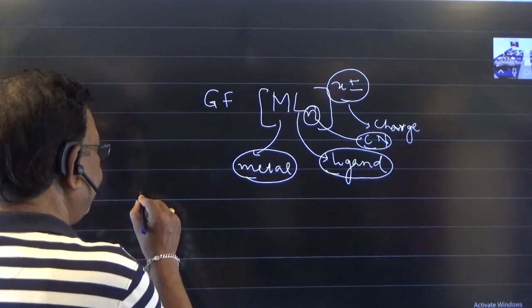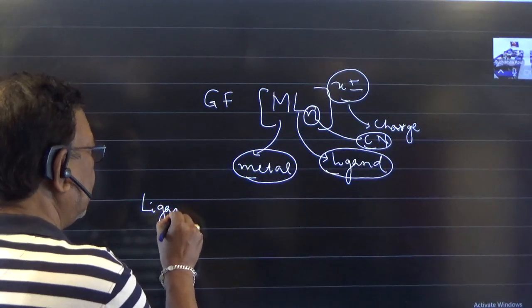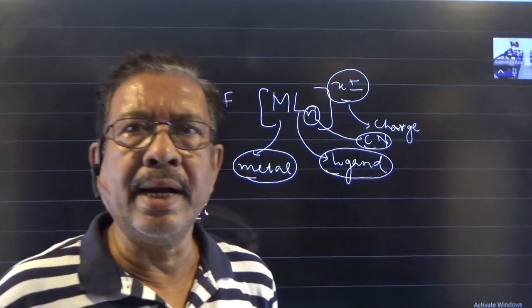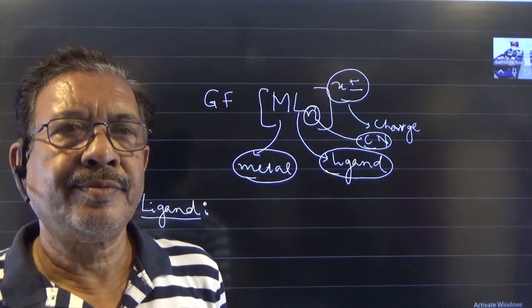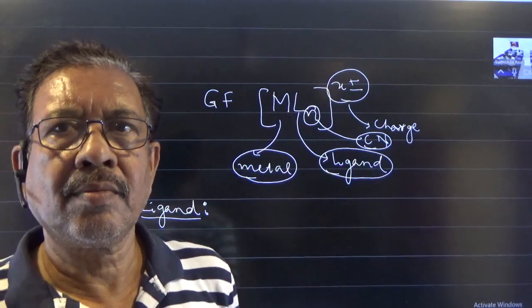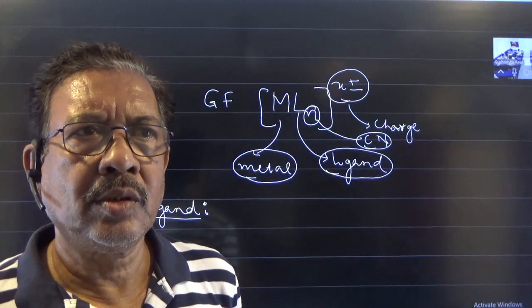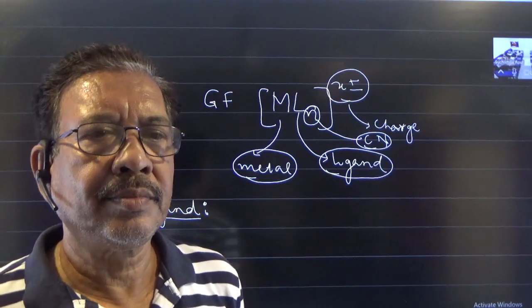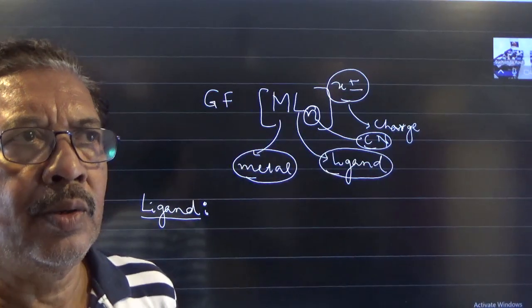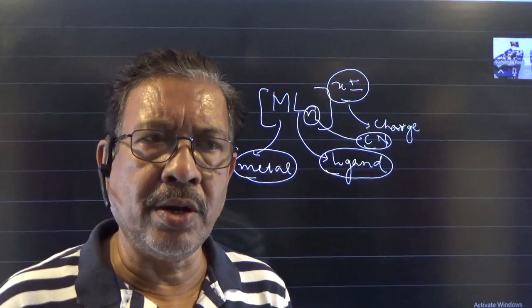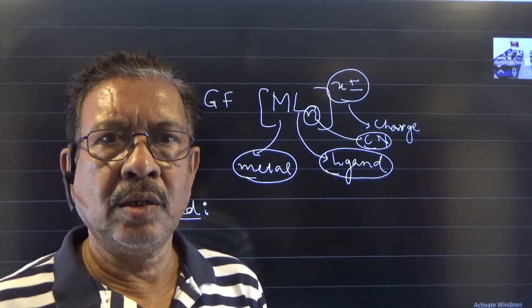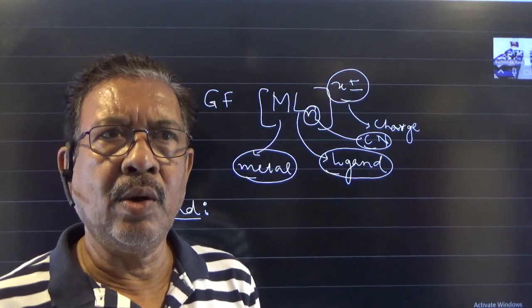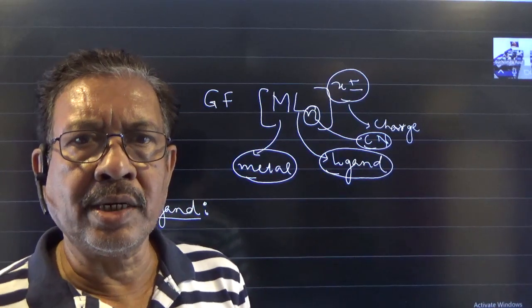Write down ligand. Ligands are those which can donate a lone pair of electrons to the central metal cation.